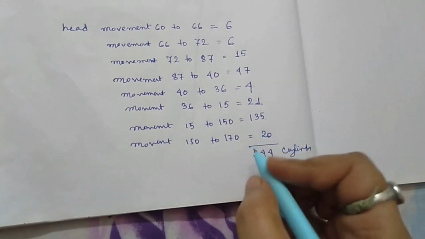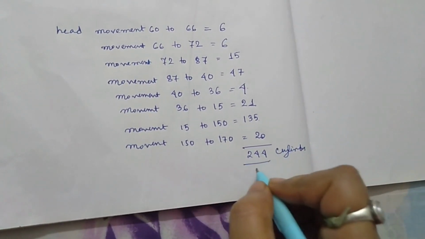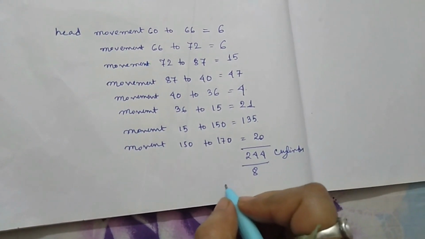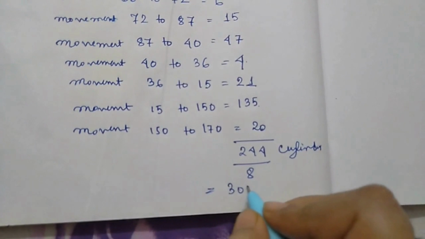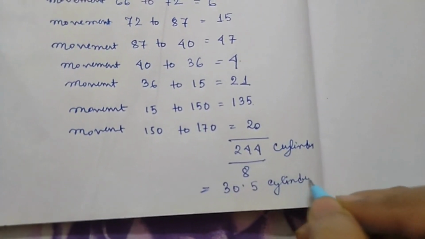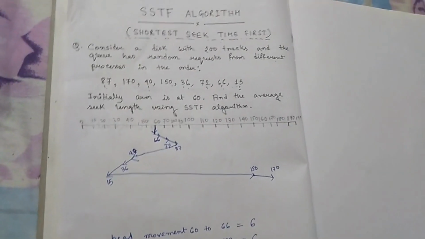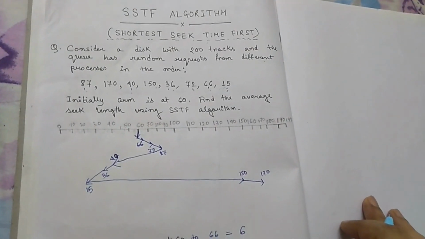That's why we divide the total movement by 8 and the value is 30.5 cylinders. Okay, up to this we cover one problem of shortest seek time first.